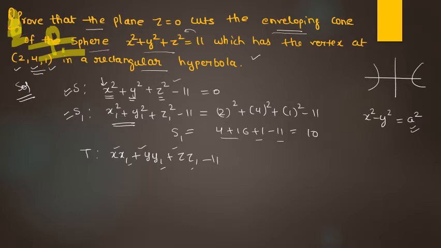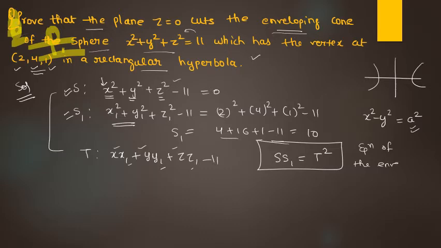Now, whenever you have to substitute all these values, there is a particular equation, which is SS1 is equal to T square. This is the equation of the enveloping cone. Okay, now if you substitute all those values in it, see whether it can form a rectangular hyperbola or not.